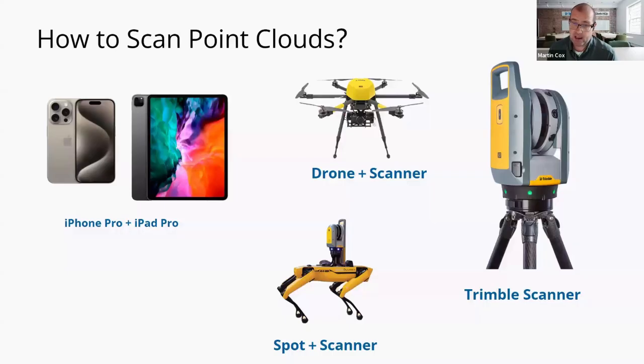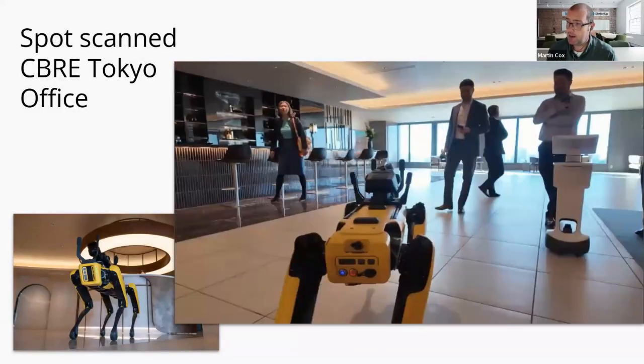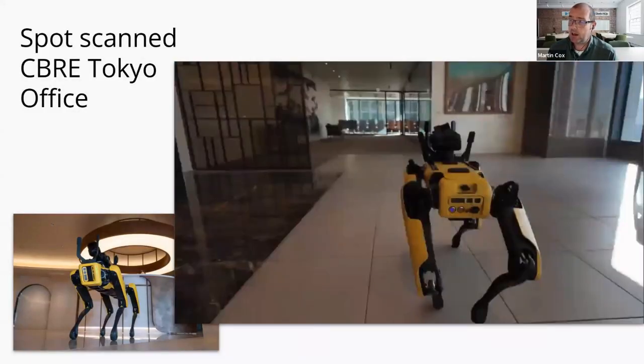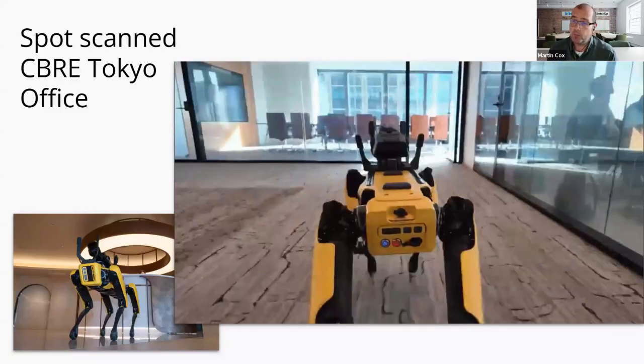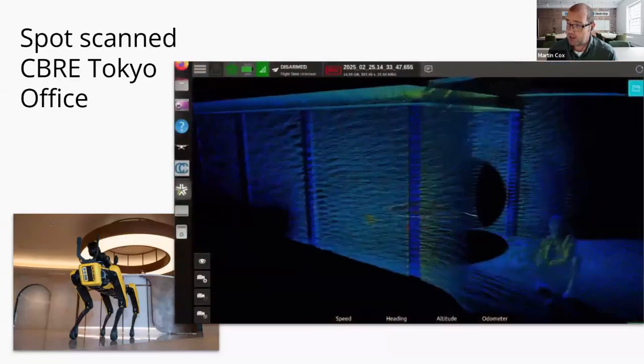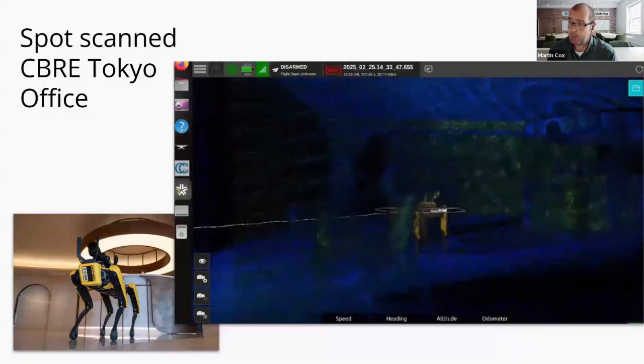They can be fixed scanners on a stand that can scan points, or we can have mobile scanners as well, which uses the Boston Dynamics robot dog, known as Spot. If we look at this next slide here, Spot can walk around an entire floor and scan that entire space.